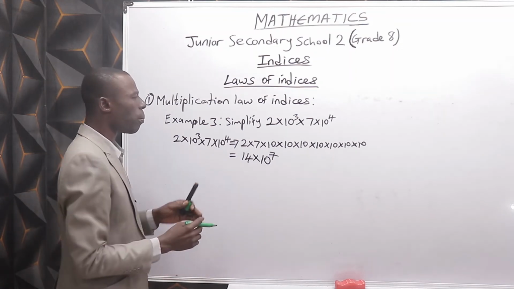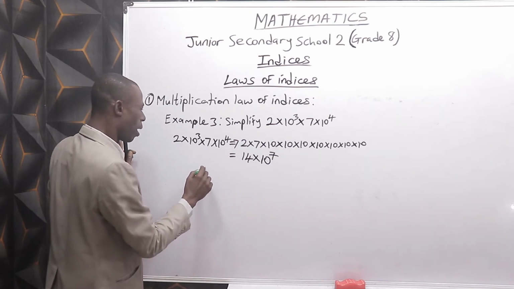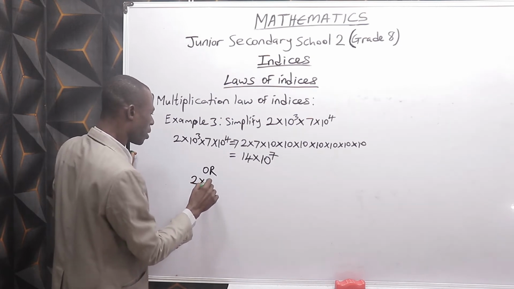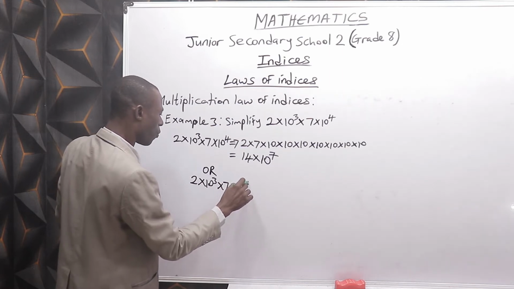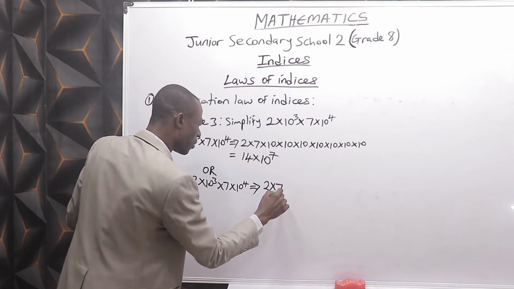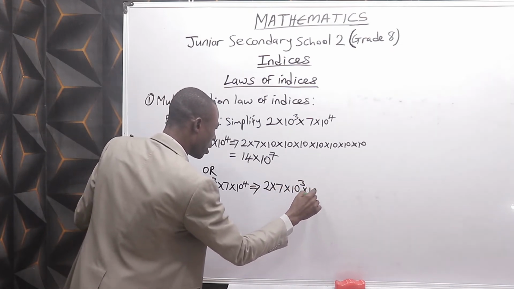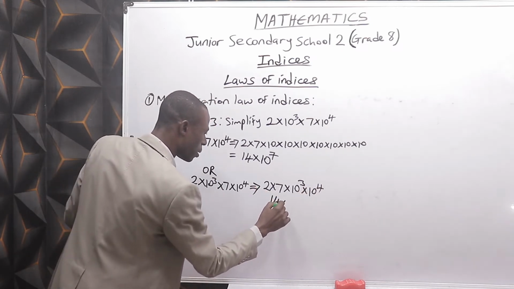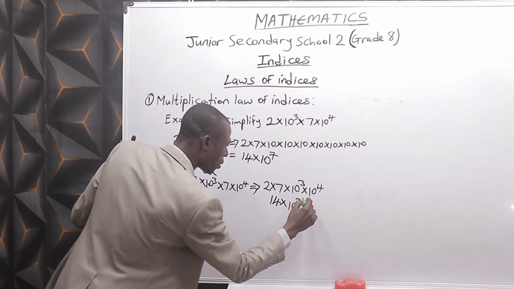If you want to use the method of adding the indices, then you have 2 times 10 raised to the power 3 times 7 times 10 raised to the power 4. This means 2 times 7 times 10 raised to the power 3 times 10 raised to the power 4. 2 times 7 is 14 times 10 raised to the power 3 plus 4.